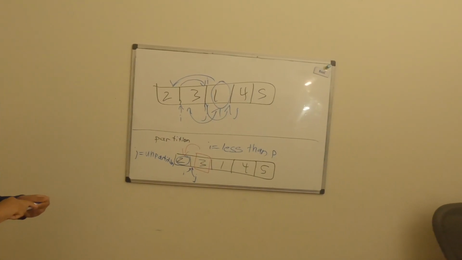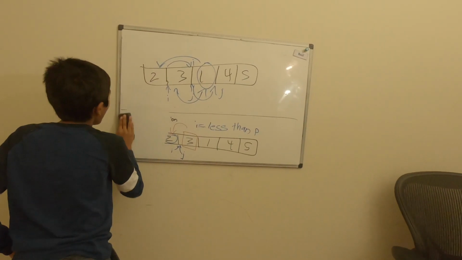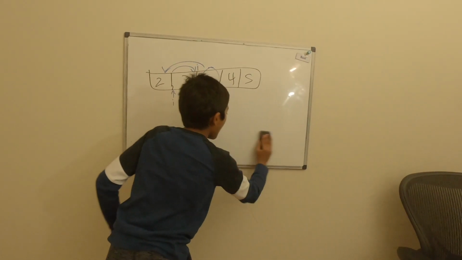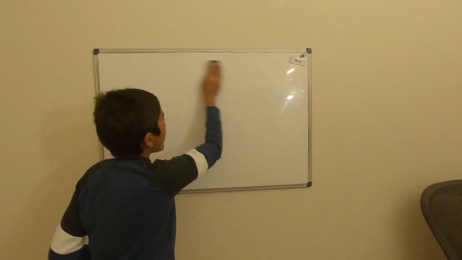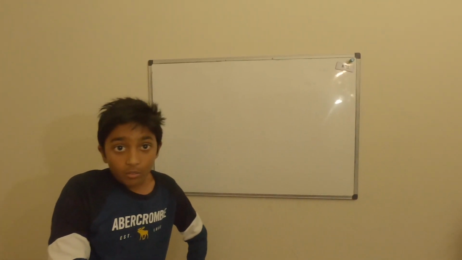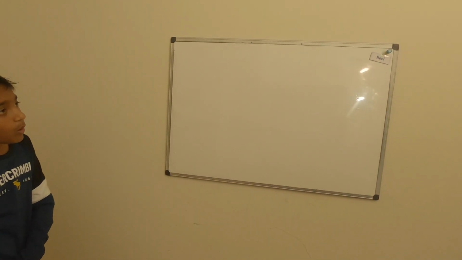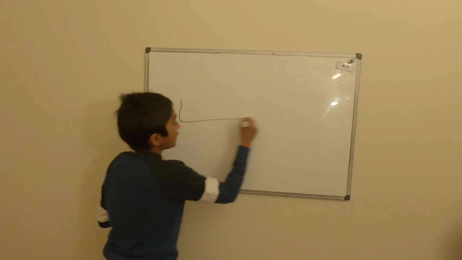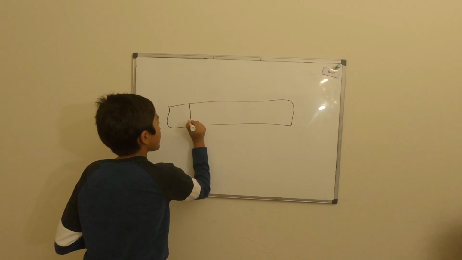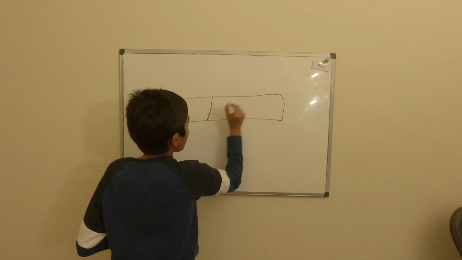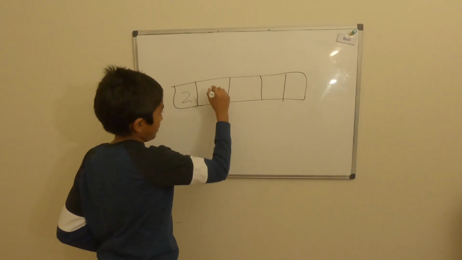So we're going to keep on continuing this. And then let's look at the end step where J is all the way at the end. What are we going to do to our list over here? We have to put the pivot in the right place, because mind you, we haven't actually moved it yet.